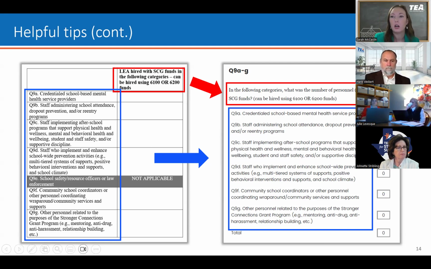Same goes for a half FTE. If I hired a counselor that comes in Tuesdays, Thursdays, and Fridays, I will put their 0.5 position in one of these boxes, the one that makes the most sense to the district. I won't put 0.25 here and 0.25 in another box.